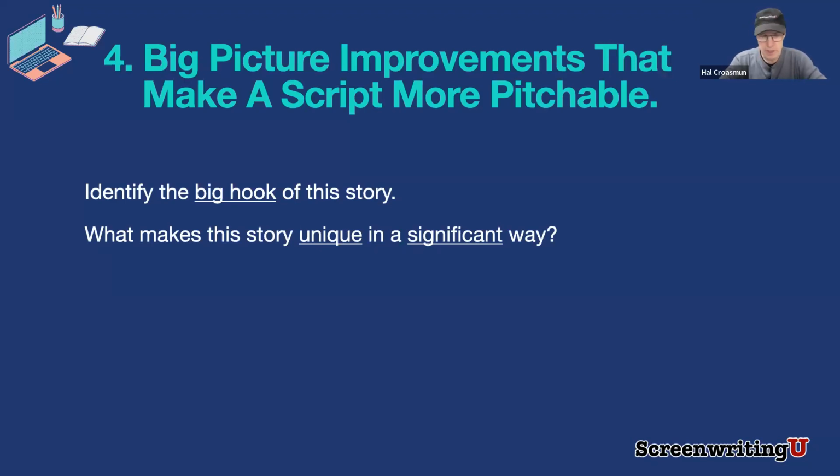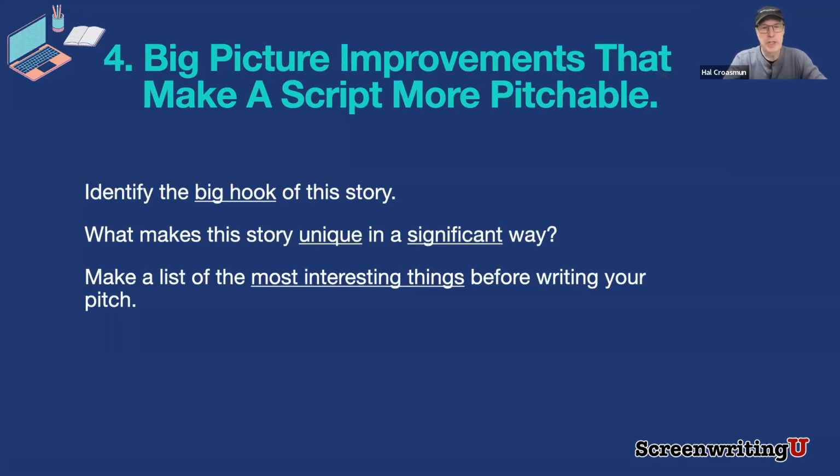If you tell us a story and we go, oh, that's just Die Hard, you need to be able to say, well, it's like Die Hard, but, and now whatever you say in the next sentence, that producer needs to go, oh my God, you made it something we've never seen before. I can sell that, right? So it needs to be something that's unique in a significant way.